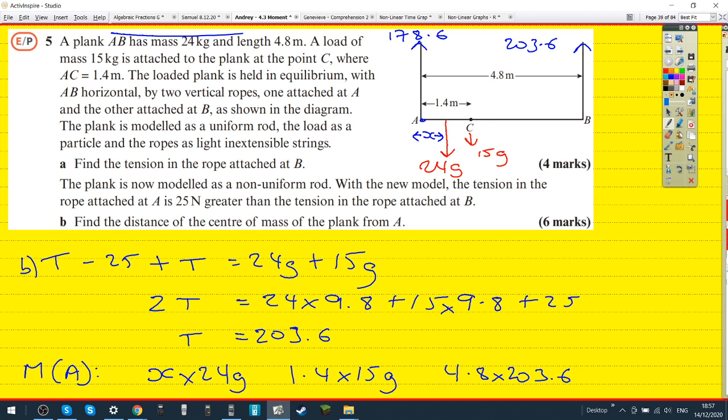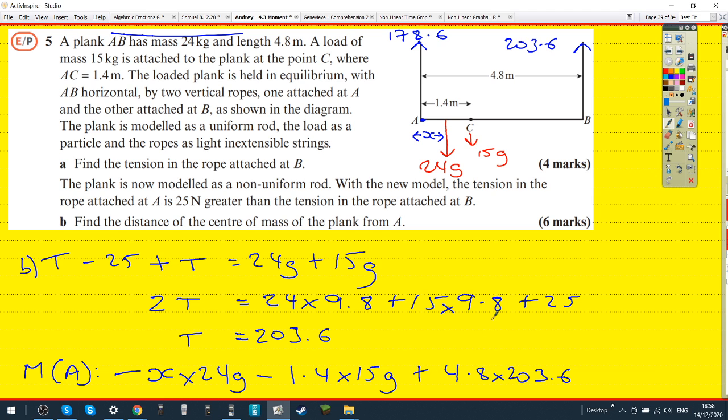So first one, I think that's minus. Yep. Second one, I think that's minus. Yep. And third one, maybe plus.